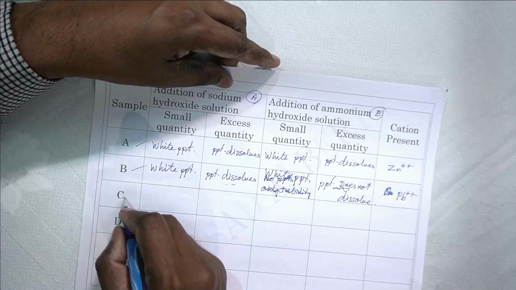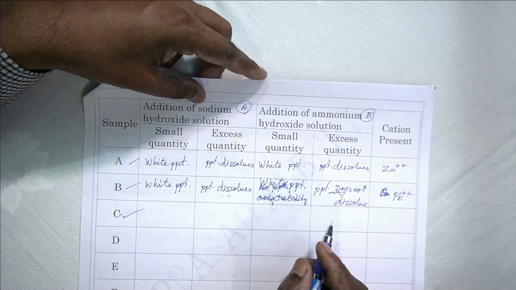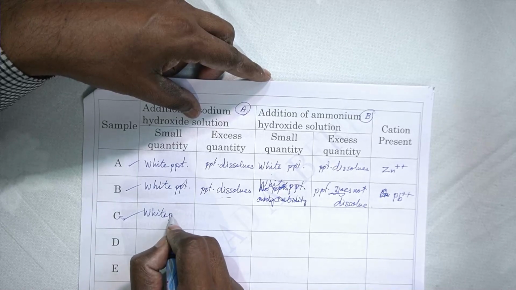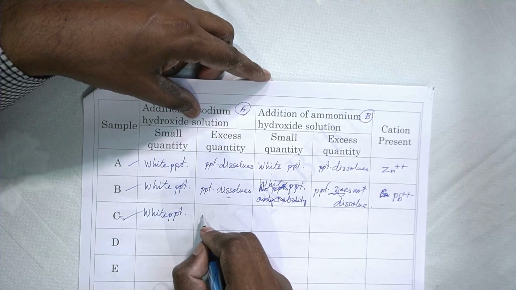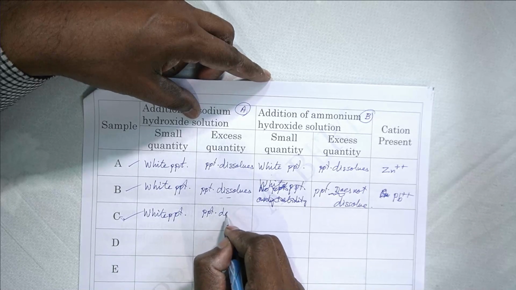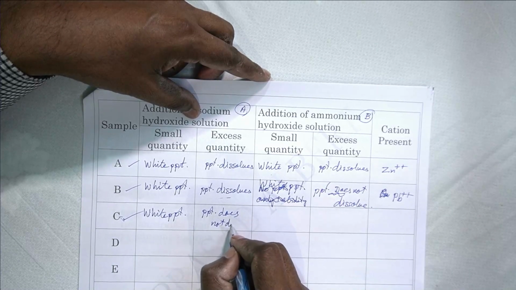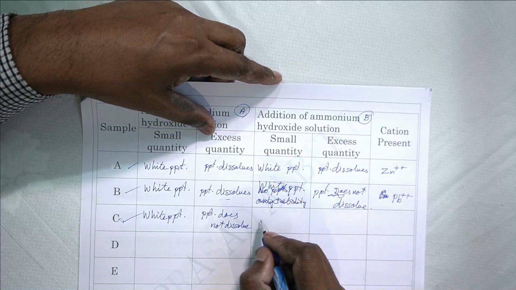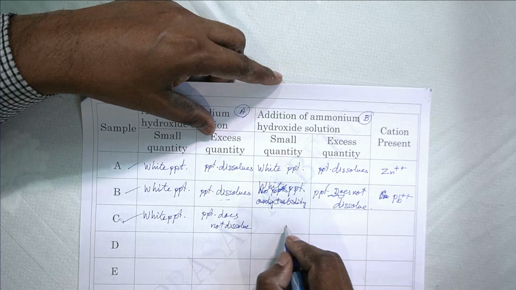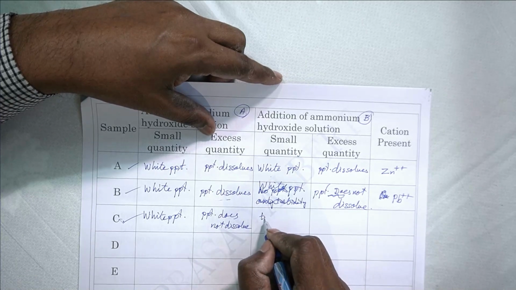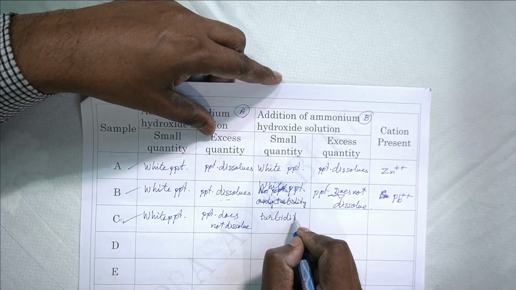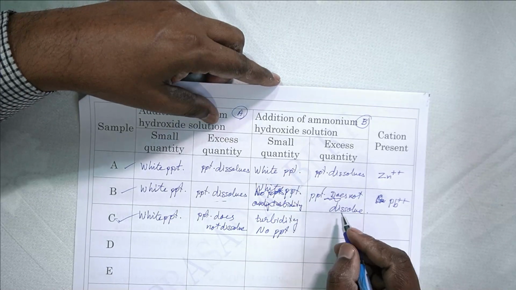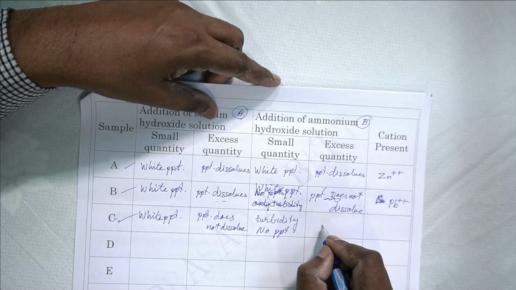Okay. Now in sample C, the third sample is taken. Here when we add sodium hydroxide solution, you get a white precipitate. On excess, the precipitate does not dissolve. And with ammonium hydroxide, when you add a small quantity, turbidity comes and no precipitate, and in excess there is no change.